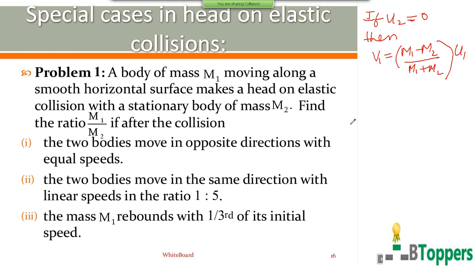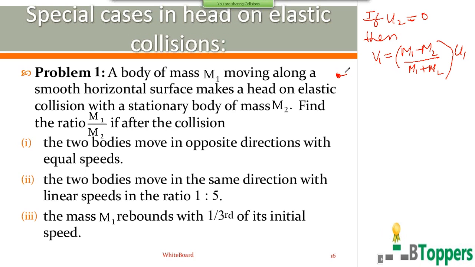Given that the first mass M1 rebounds with 1/3 of its initial speed. That means after the collision, the first mass moves opposite to the original direction of the motion with 1/3 of its original speed.